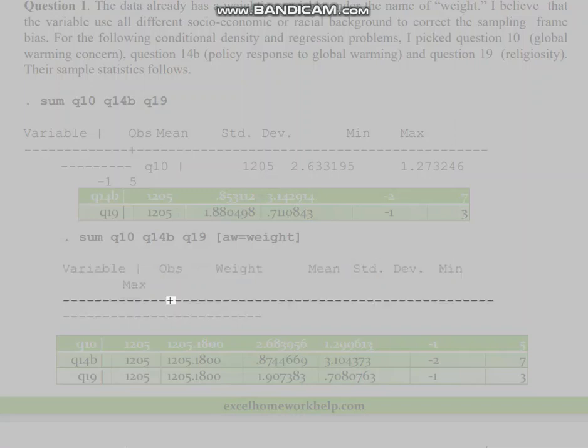Q10, 1205, 1205.1800, 2.683956, 1.299613, minus 1, 5. Q14b, 1205, 1205.1800, .87446669, 3.104373, minus 2, 7. Q19, 1205, 1205.1800, 1.90738, minus 1, 3.